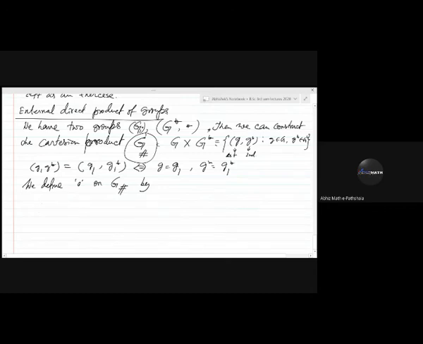Suppose one is (g, g star), compose (g1, g1 star). Then what would be the definition of this? This will go to g dot g1 for the first coordinate, and for the second one it will go to g star star g1 star, right?